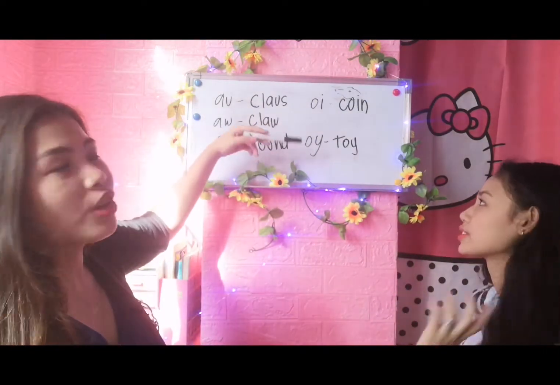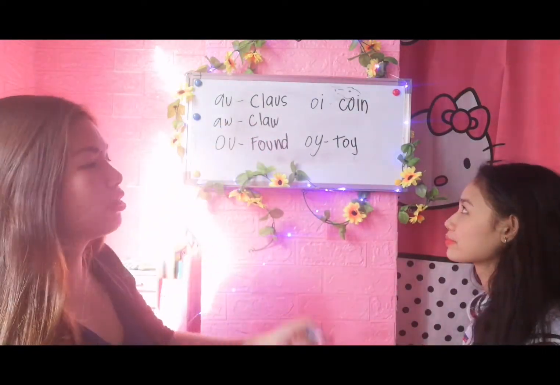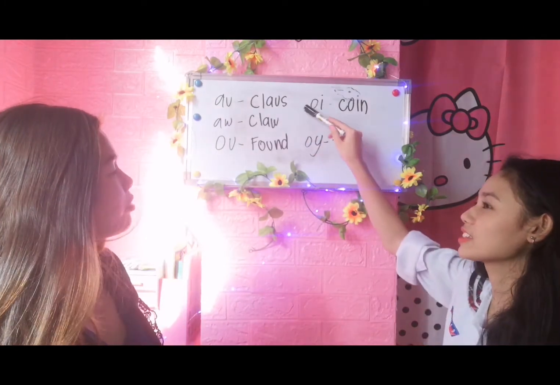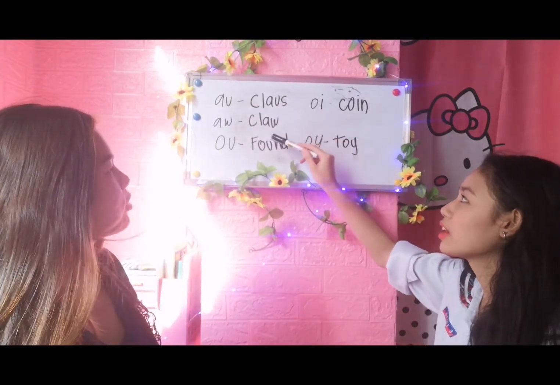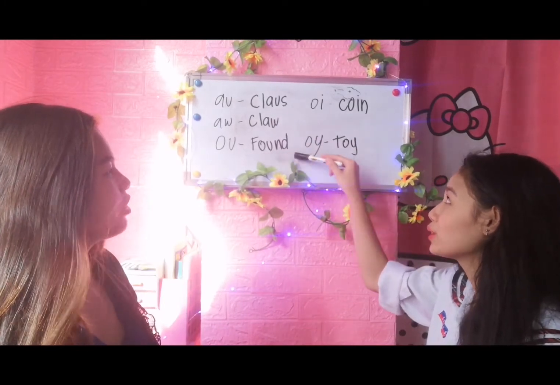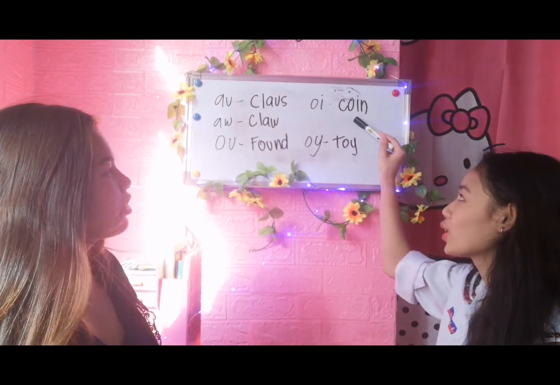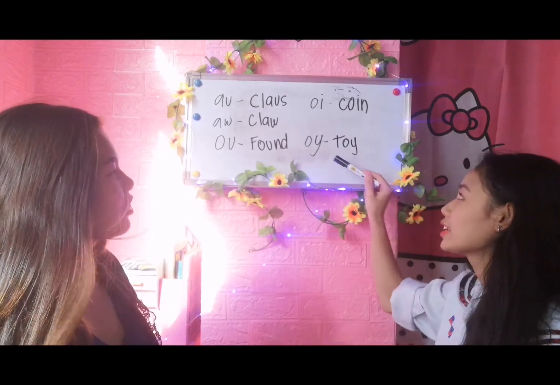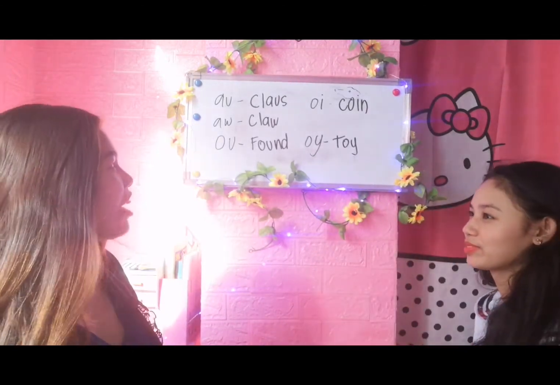Those are the words that form a diphthong. Could you read it for me? Class, class. Claw, claw. Found, found. Coin, coin. Toy, toy. Yes, right, very good.